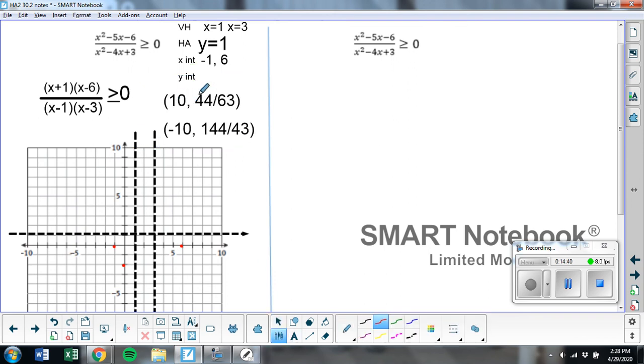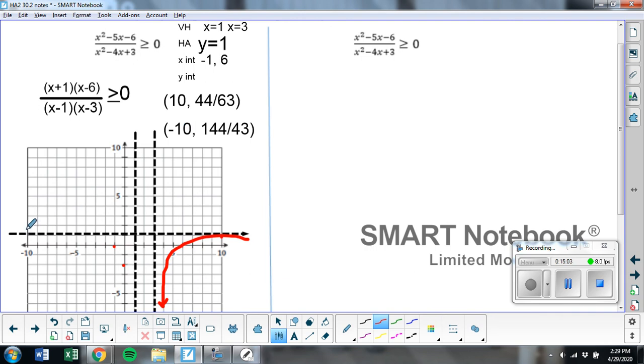Let's see what that means in terms of our graph. So at 10, is this above or below this asymptote? This asymptote's at 1. 44 over 63 is below 1, so it's just going to be below 1 right there. So that tells me that my graph is going to do this. And then over at negative 10, again, my asymptote's at 1.